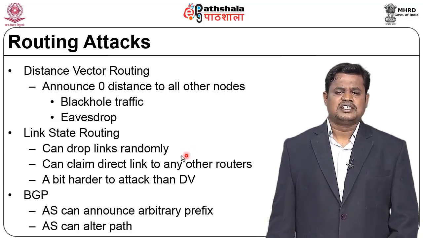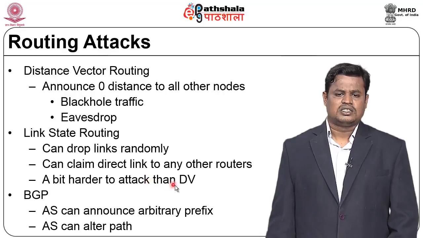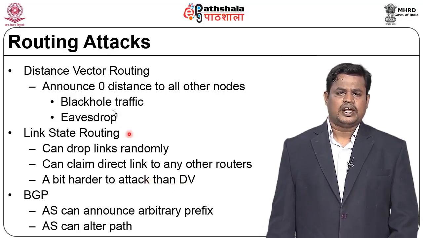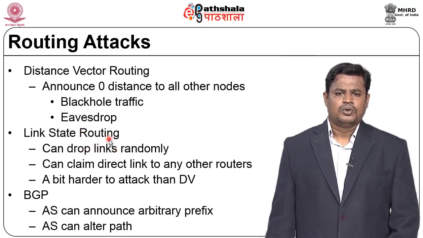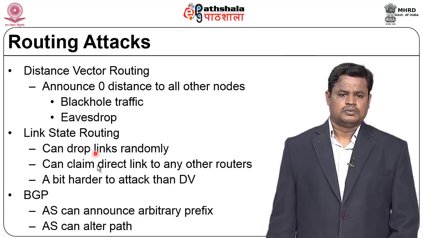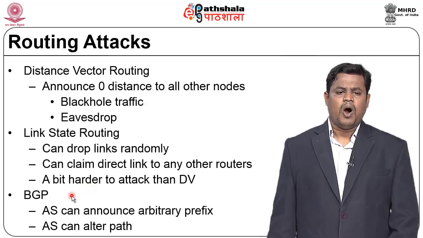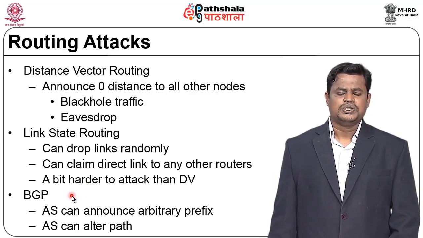As I mentioned, it's a bit harder to attack than DV, because distance vectors are vulnerable and easy to attack with any kind of routing attack, but link state is a little bit more difficult because they make some kind of authentication before creating the topology or routing table. And BGP is the Border Gateway Protocol, which uses autonomous systems.